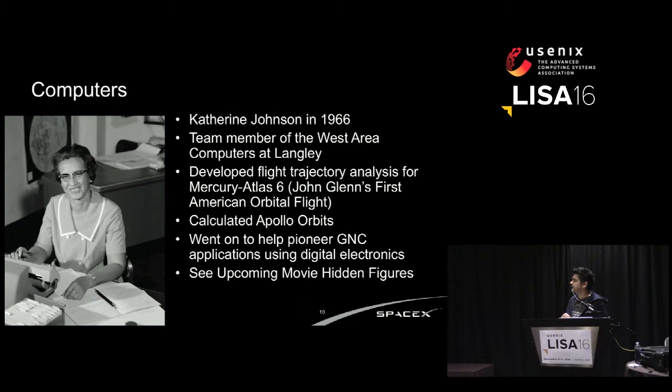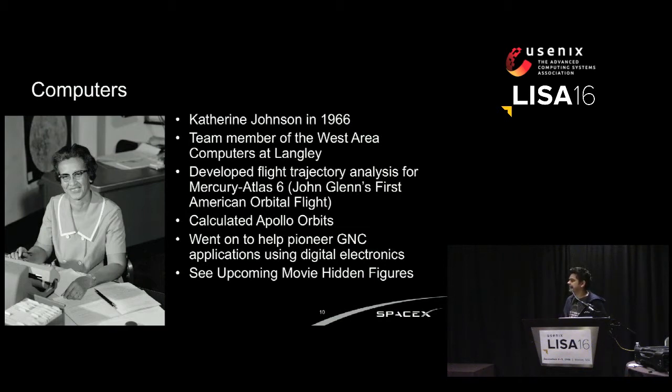She also went on to calculate Apollo orbits, and this was actually critical because Apollo was this transition to digital electronics, and her hand calculations were used to, in some ways, qualify the outputs of the digital electronics. I'll use the word equivalency a lot in this talk: by creating that equivalency, it allowed them to build confidence in this new digital era of computation.